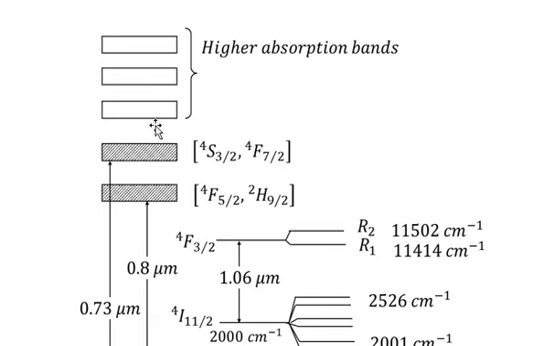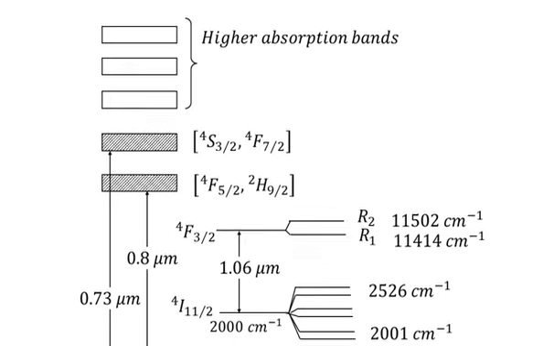The spectroscopic terms corresponding to the lowest band are 4F5/2 and 2H9/2. And the spectroscopic terms corresponding to the next absorption band, which is shaded, are 4S3/2 and 4F7/2.